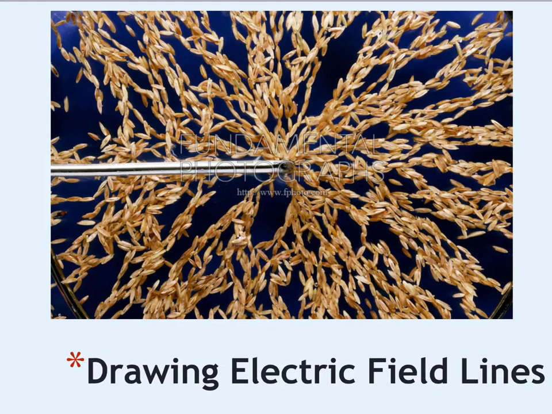One way that we can visualize these electric field lines is if you take a charge here and you set it in some seeds, the seeds will all line up because you've got a polarizing effect. This is a temporary charging, which causes them to be charged temporarily, and so they line up along where field lines might exist. So you could kind of see, maybe there's a line here.